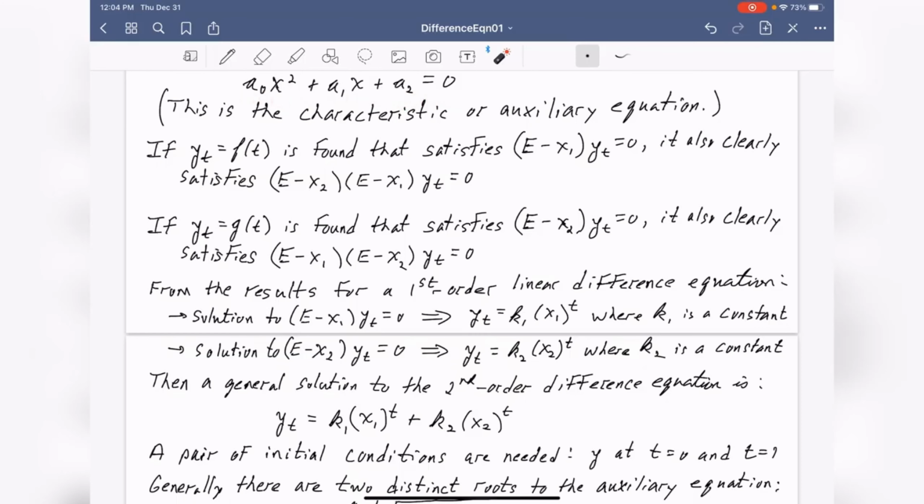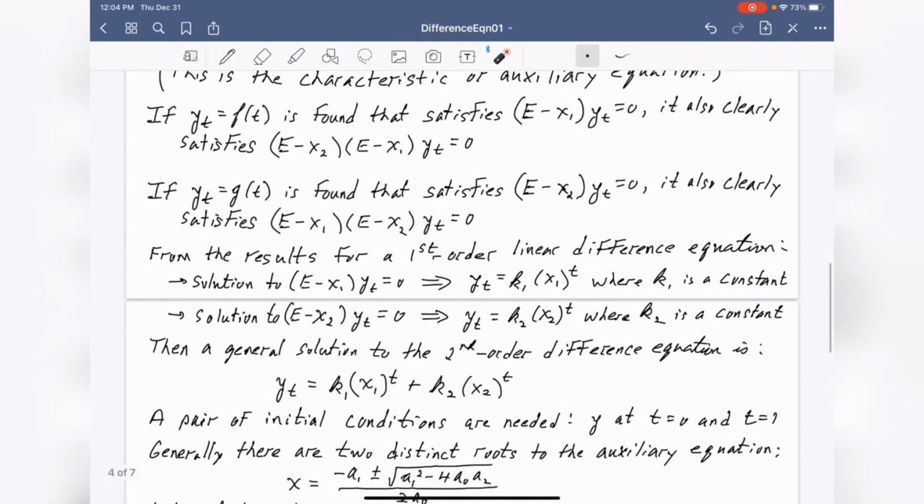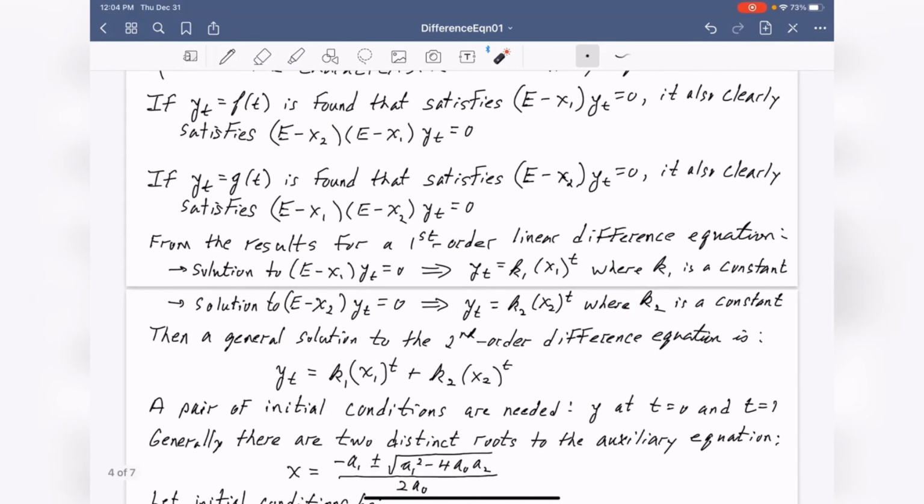All right, now what we need is a pair of initial conditions at t equals 0 and t equals 1 before we can solve this particular equation and determine what k1 and k2 are going to be. So first let's begin with these two roots, x1 and x2.